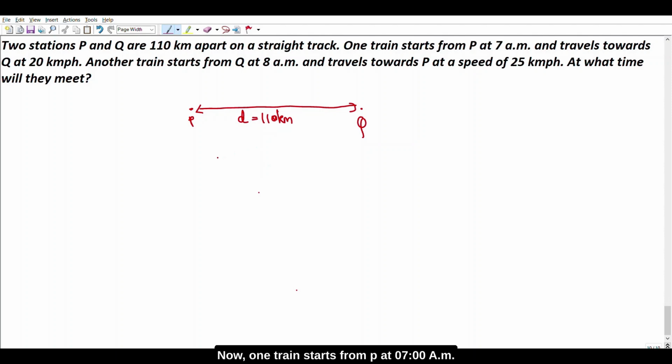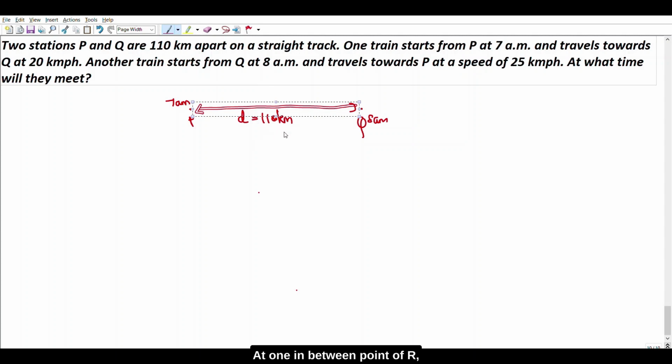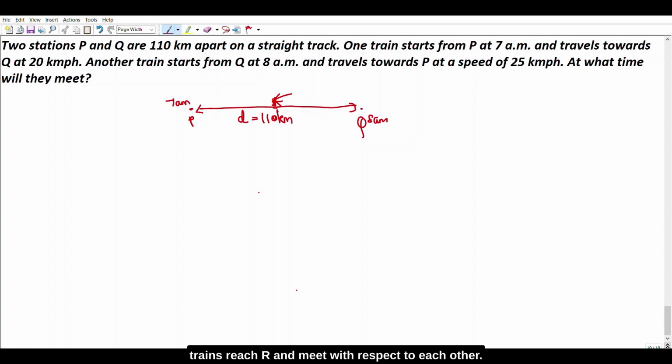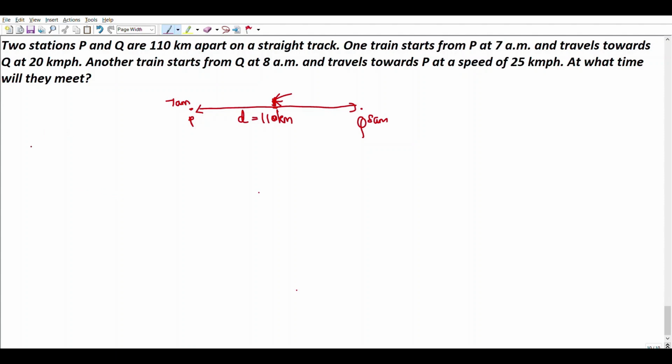Now, one train starts from P at 7 a.m. and another train starts from Q at 8 a.m. At one in between point R, both the trains meet with each other. Let R be the point at which both the trains meet with each other. Now we need to find at what time will both the trains reach R and meet with respect to each other. So it is given that D is equal to 110 kilometers.